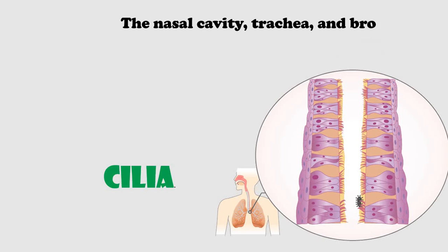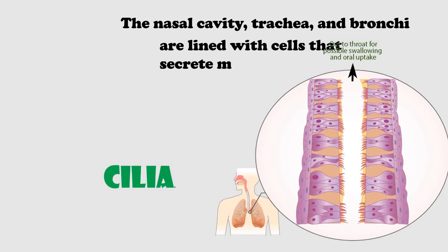So what keeps your respiratory system clean? The nasal cavity, the trachea, and the bronchi are lined with cells that secrete mucus. This mucus prevents the foreign particles from entering the lung.